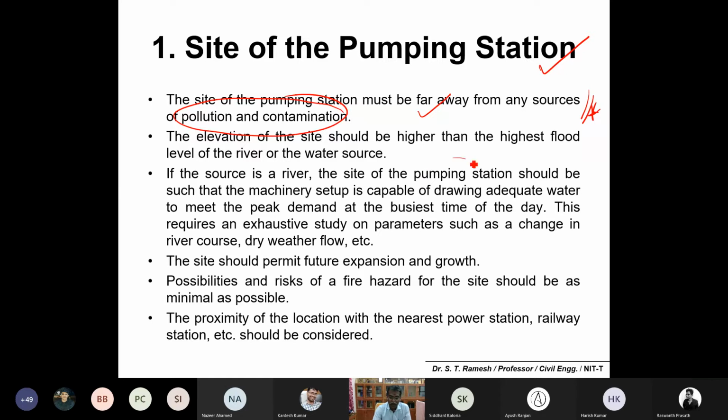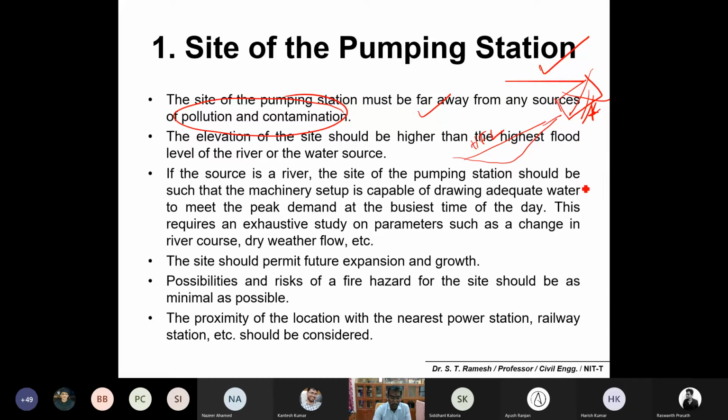For example, if the river's highest flood level, HFL, is this, then you should construct the pumping station slightly above it, because even at the highest flood level there should not be any damage to your pumping well or pumping station. That is important. The elevation of the site should be higher than the highest flood level of the river.